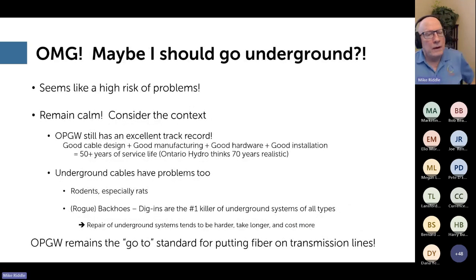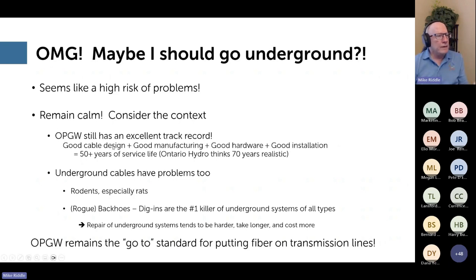So, like I said at the beginning, I've presented a lot of problems, and it may seem to you like, wow, there are so many problems. Maybe I should just go underground. I need to put those problems in context. OPGW does have an excellent track record overall, and it's really pretty simple.